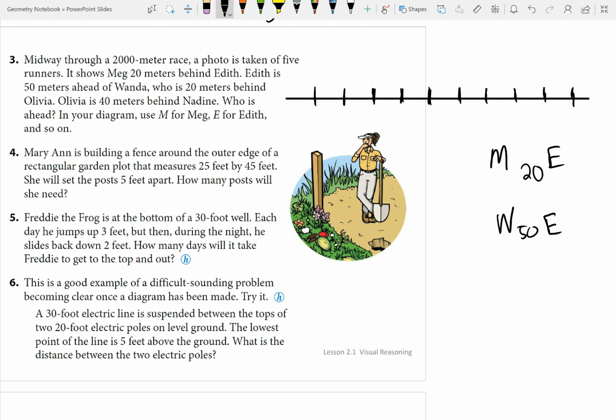Wanda is 20 meters behind Olivia. Olivia is 40 meters behind Nadine. Okay.